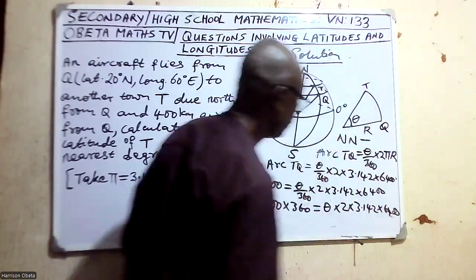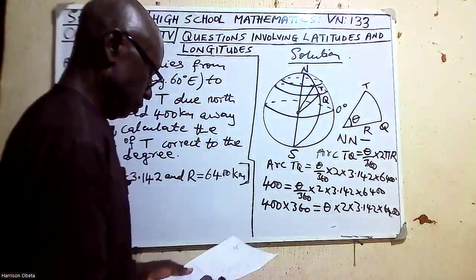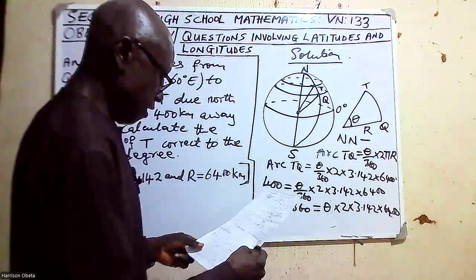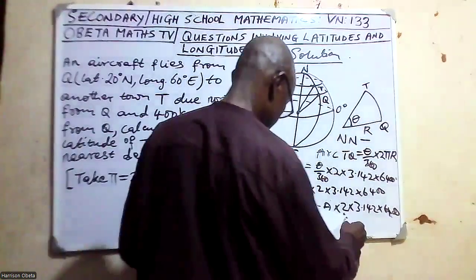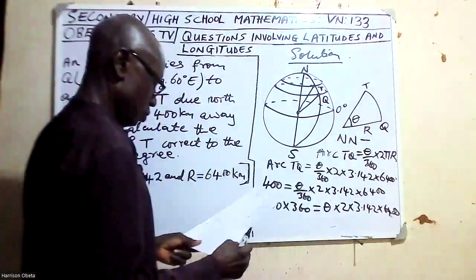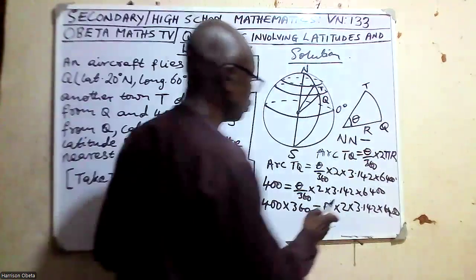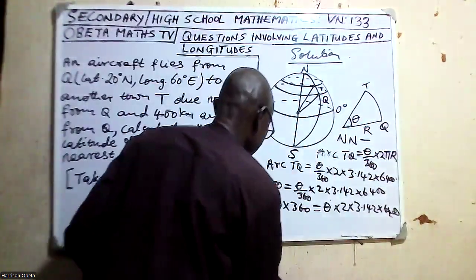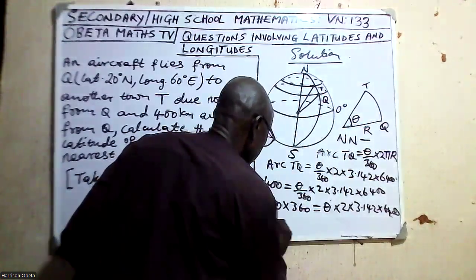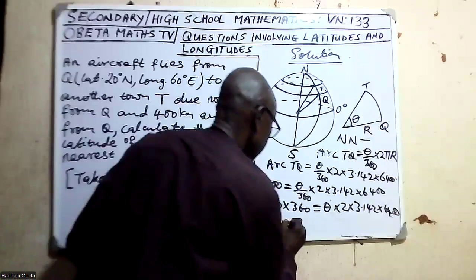Okay, so if we use our calculator to check, we are supposed to use the whole of this to divide this now to get our theta. So our theta now will be equal to, use the whole of this to divide this.